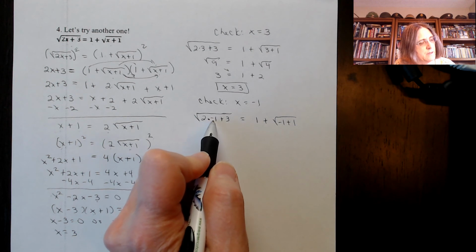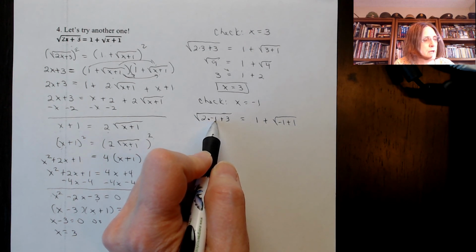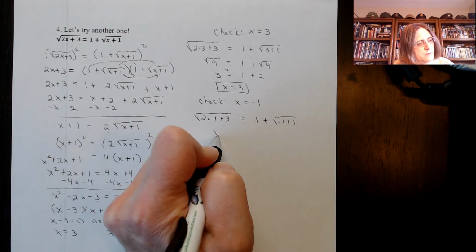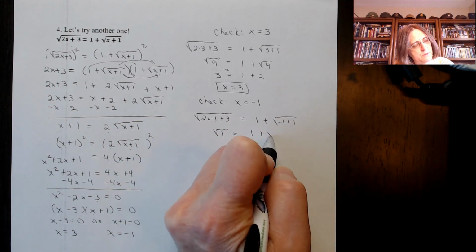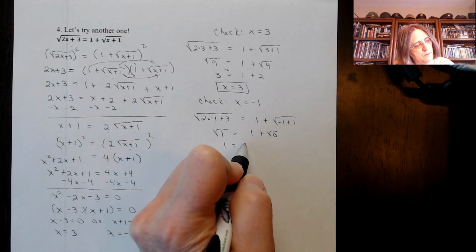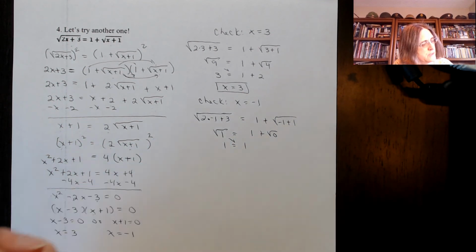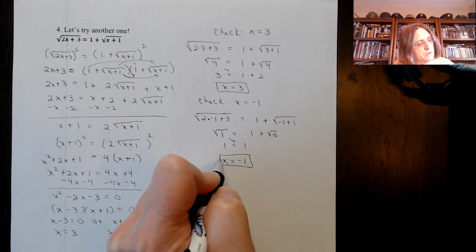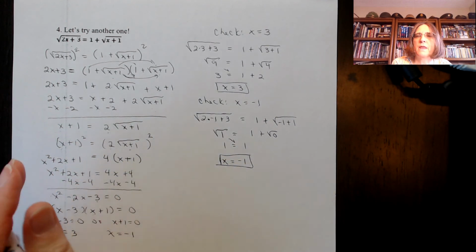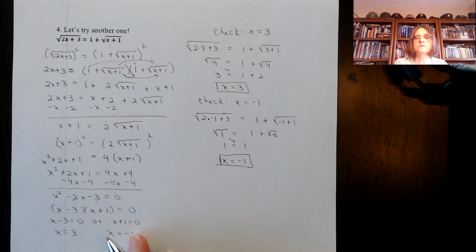On the left side, we have 2 times negative 1, negative 2, plus 3 is 1, so we have the square root of 1. And on the right side, we get 1 plus the square root of 0. So 1 equals 1. That one also checks. This time, we have two solutions. And that's our lesson for solving radical equations.